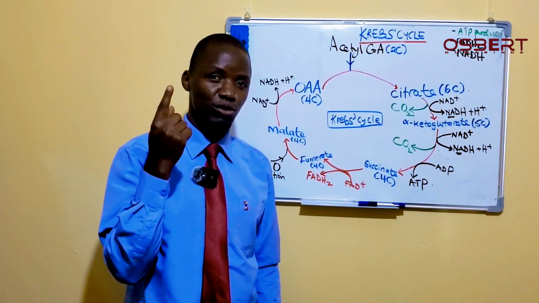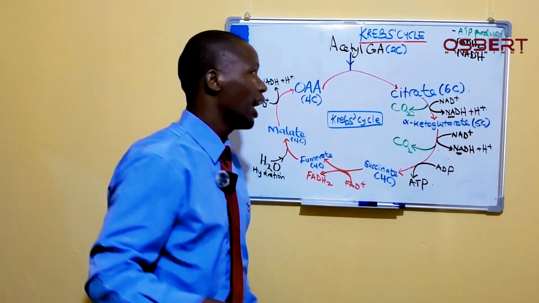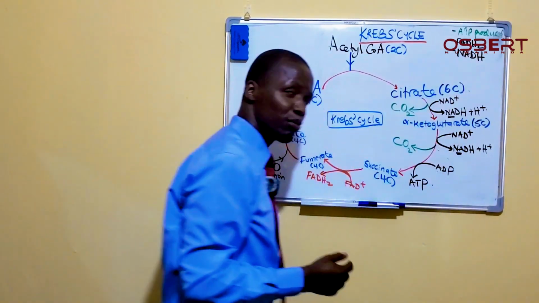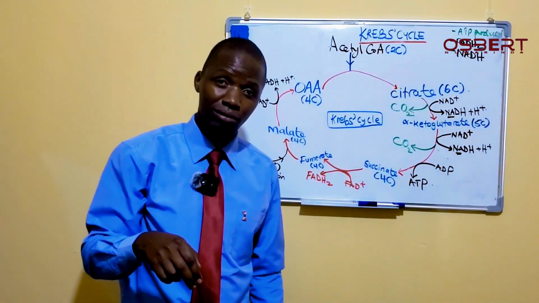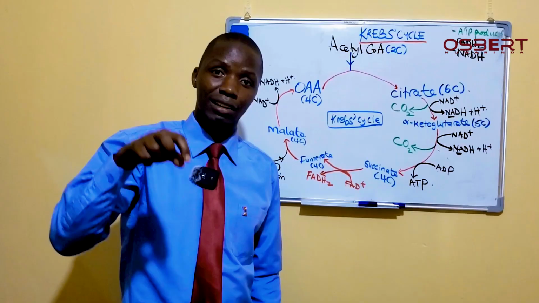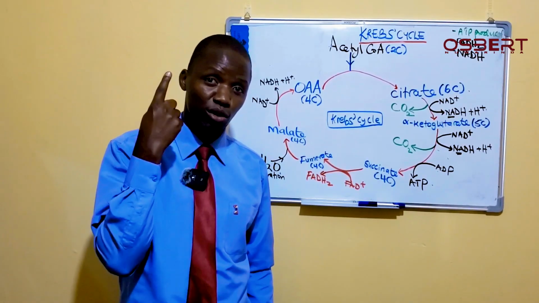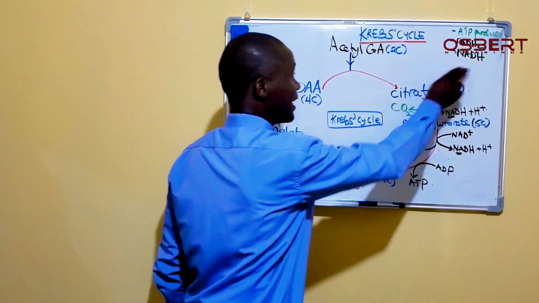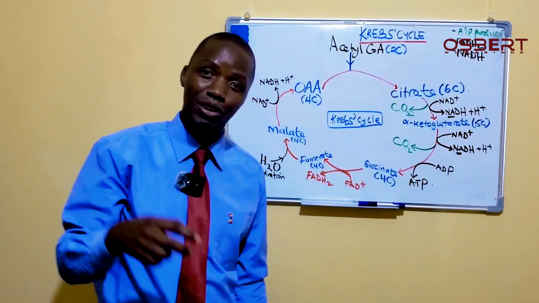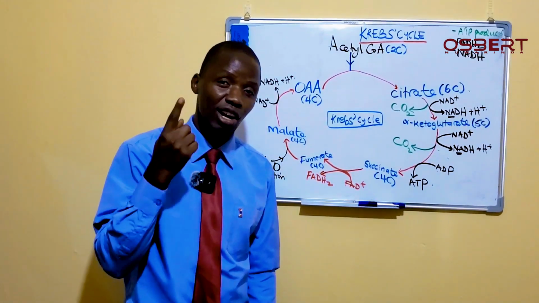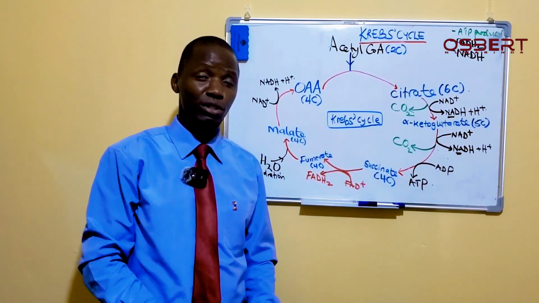If you consider one glucose molecule like this, how many NADH are we producing from Krebs cycle? Still, when you are considering one glucose molecule, think about it.